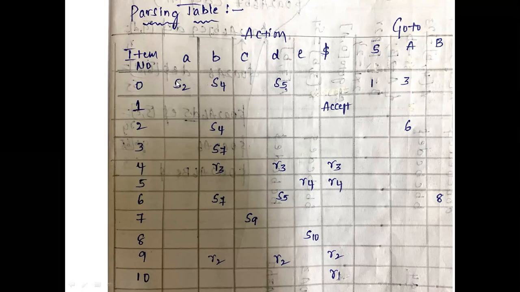S represents the shift. Why? Because in processing this action table, we need to perform only the four operations: shift, reduce, accept, or error. That's why I'm using S in the place of I. Is it clear now?